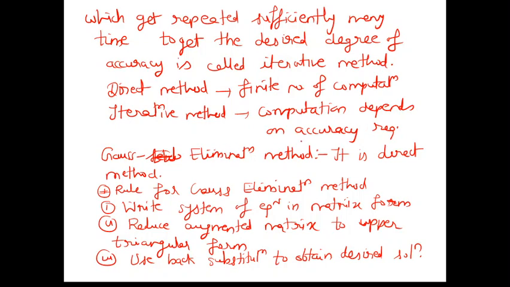So in this video lecture, we are going to study about one of the direct numerical methods to solve the system of simultaneous linear equation, that is Gauss elimination method.